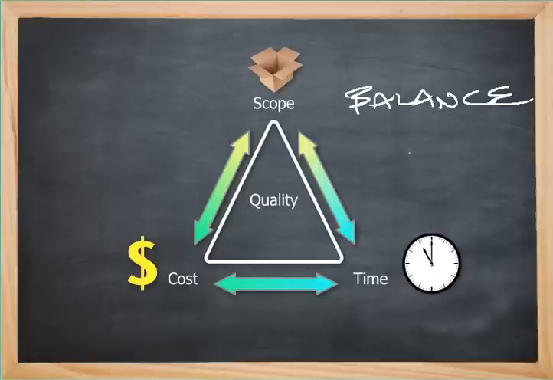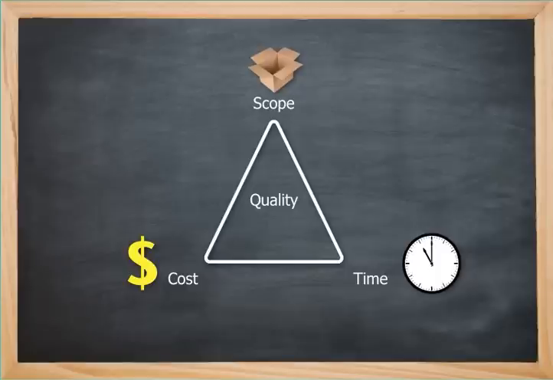You enlarge or reduce one of these, and there will be an automatic impact to one or the other points. All this depends on maintaining quality, and of course you can determine how important quality is by what your customer expects. You certainly would assume that customers expect high quality. And again, the balance is making sure that there's an understanding and a commitment that scope and time and cost are all under your control, and you're carefully watching all three of those, which reflects the health of your project.